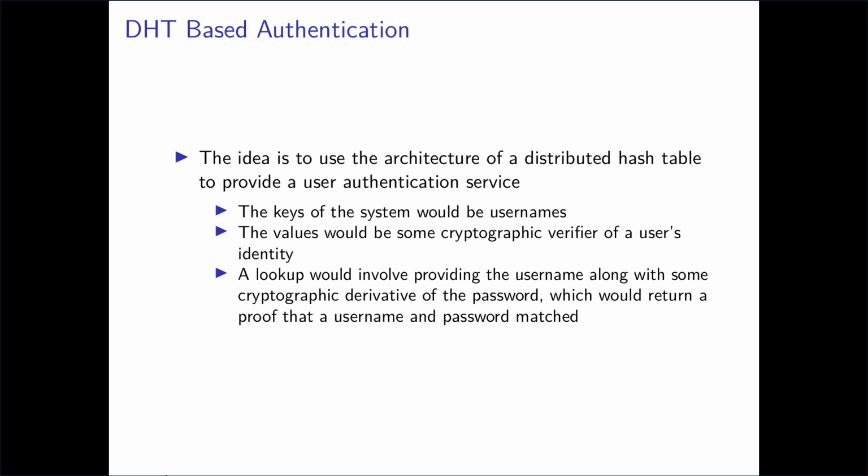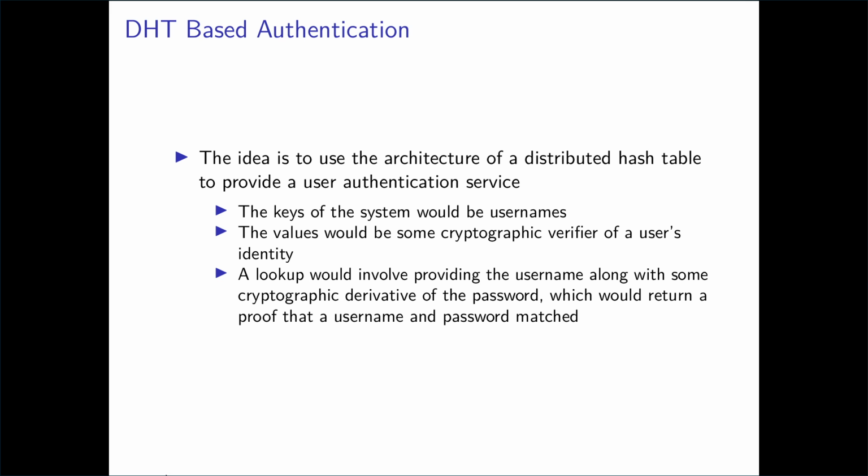So the idea of my project is to use the architecture of a distributed hash table to provide a user authentication service. The idea is we use a user's username as a key, and we store some sort of cryptographic verifier of a user's identity, and then we define a custom lookup, which is a cryptographic protocol, which looks up a user and then returns some sort of proof that the user and the password match.